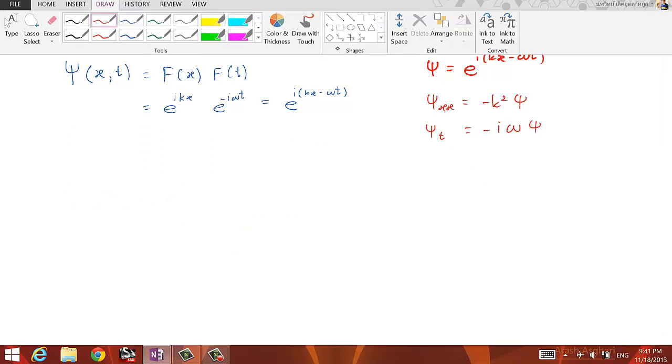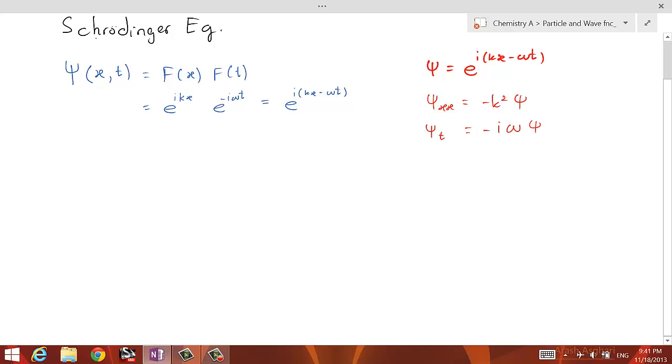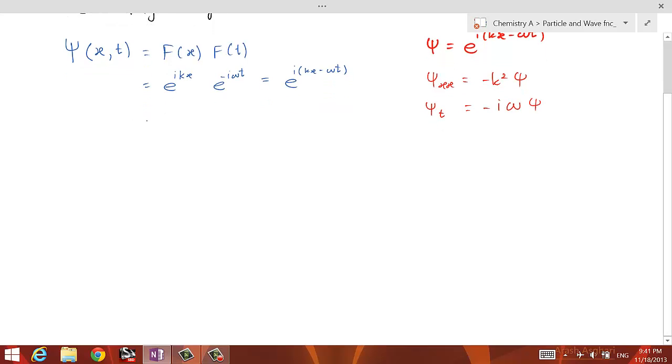Now we have the wave function, and I'll get to the Schrodinger equation. He came up with the energy. Before I explain energy, I want to explain the Hamiltonian first.